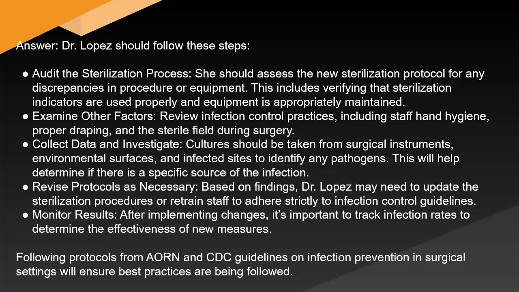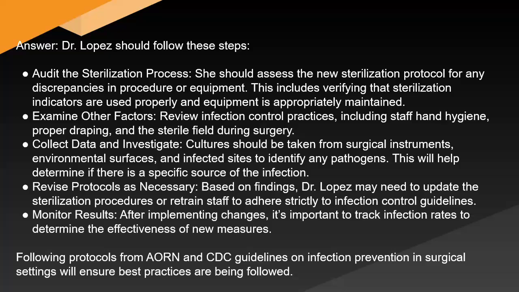Examine other factors. Review infection control practices including staff hand hygiene, proper draping, and the sterile field during surgery. Collect data and investigate. Cultures should be taken from surgical instruments, environmental surfaces, and infected sites to identify any pathogens. This will help determine if there is a specific source of the infection. Revise protocols as necessary.